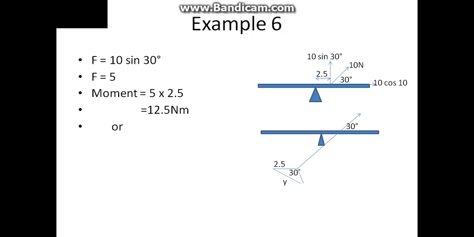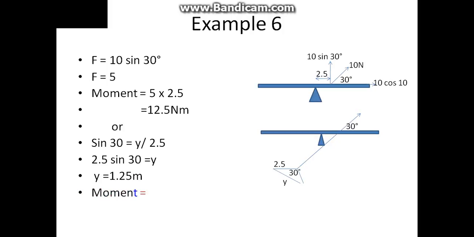Or sin 30 is equal to Y over 2.5, taking like terms together, we have that 2.5 sin 30 is equal to Y. Therefore, our Y is now equal to 1.25. Therefore, the moment is now equal to 1.25 times the force, which is 10, which will still give us 12.5 Newton meter.